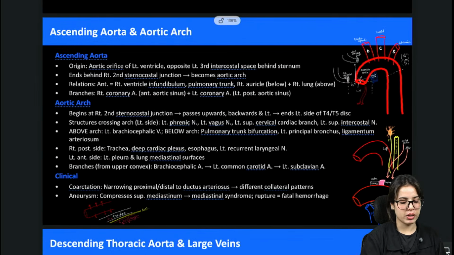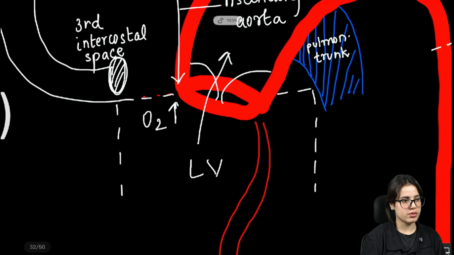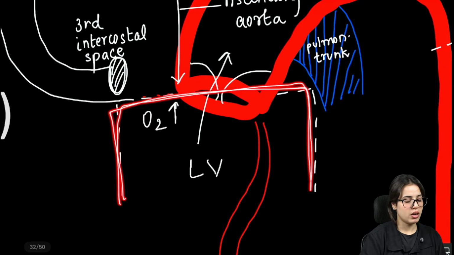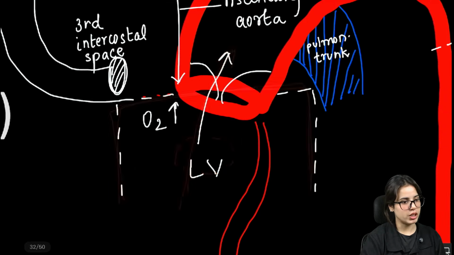Ascending aorta and aortic arch. So before reading what's written, let's first do a diagram. Okay, the oxygenated blood from the left ventricle goes through, this must be the coronary ostium, right, smooth muscles providing easy flow of the blood from LV to aorta.